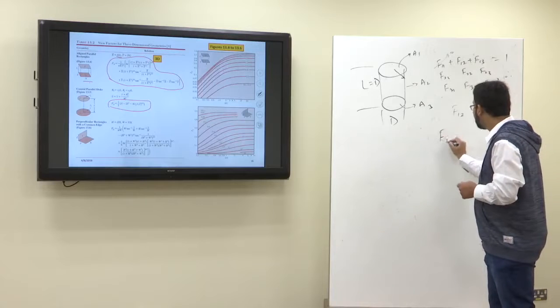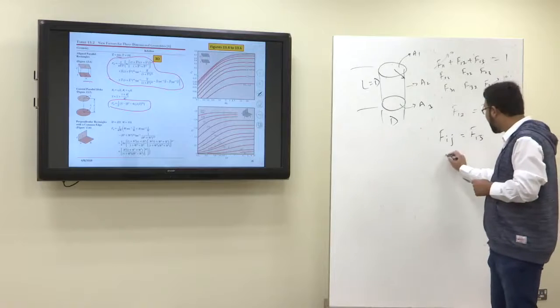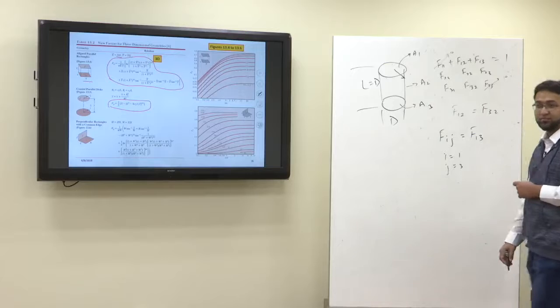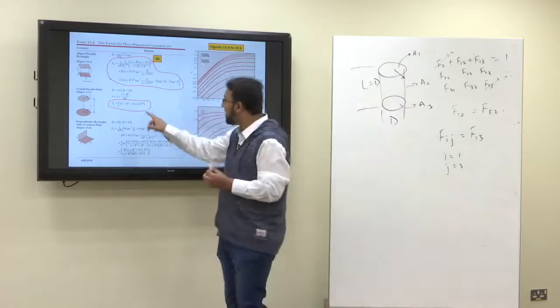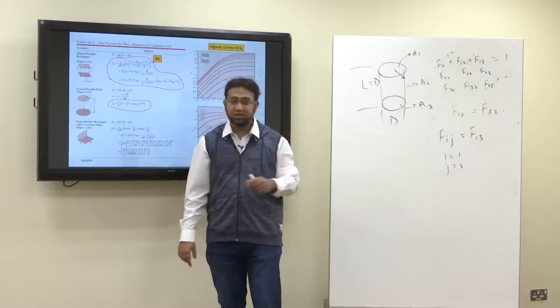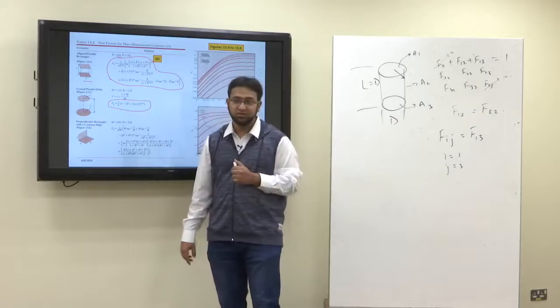So Fij is F1 to 3. My i is 1 and my j is 3. In this case, Rj will be the radius of the third surface divided by Ri, the radius of the first surface.